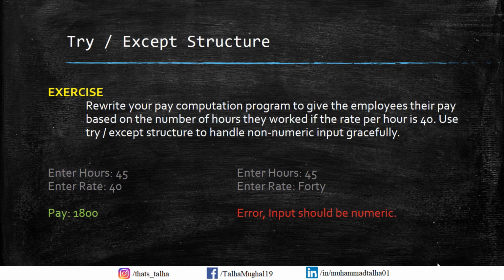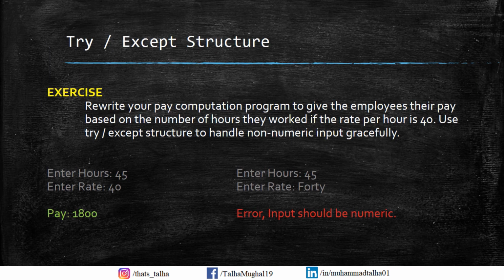But this time we have to use try and except, because what if the user gives input using words instead of numerical values? In that case, we will use try and except to handle that non-numeric input gracefully.